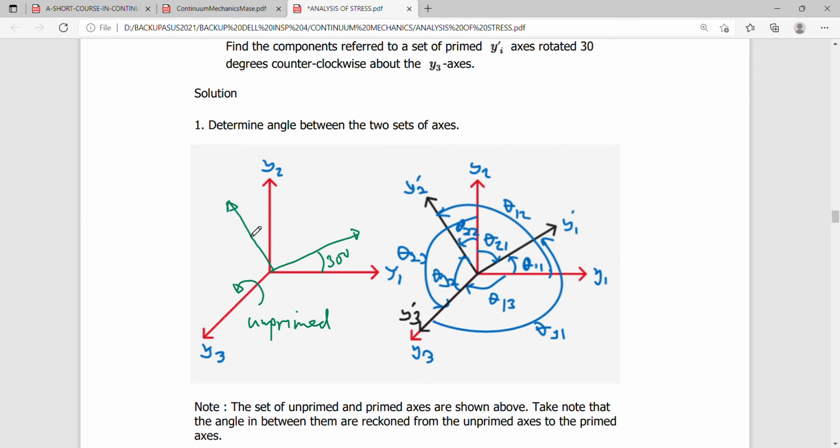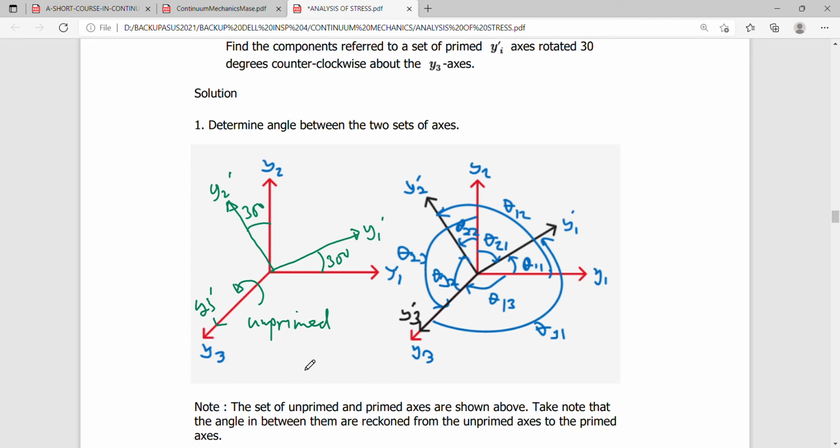So this is now again at 30 degrees. These are now the new sets of your y1 prime, y2 prime, and of course you have also a y3 prime here, which has not moved because the axis of rotation was chosen to be exactly at the y3 axis.